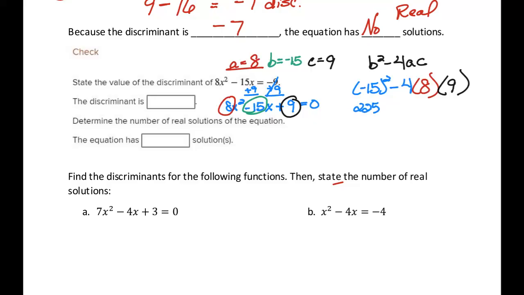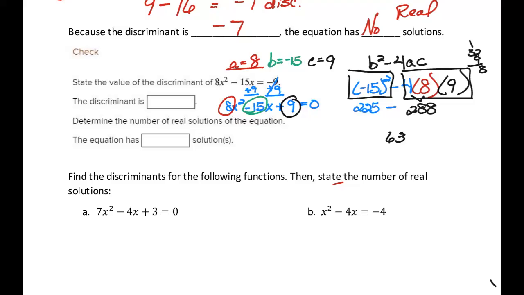Marvin, stay with me. Minus, okay? We did this. You get that answer. Now we're going to get this whole answer. What is, and don't put the minus with the 4. It's not a negative 4. It's minus box. Minus the whole box. 4 times 8 is 32. 32 times 9, I don't know. 288. 225 minus 288 is going to be, check my math, negative 63.